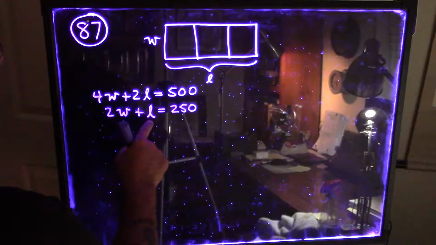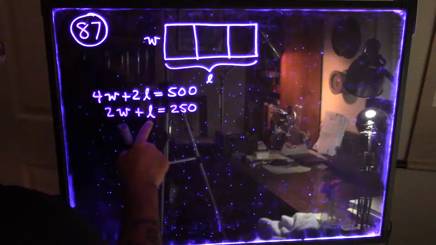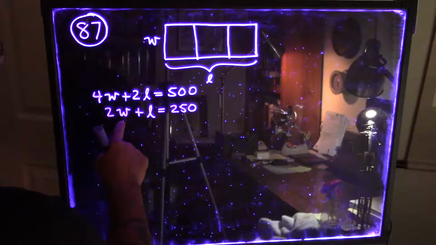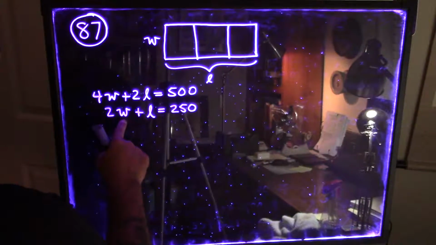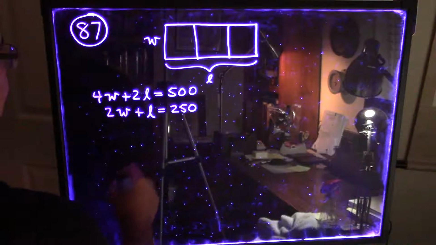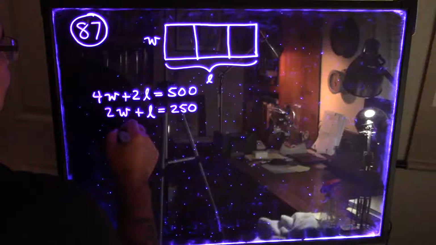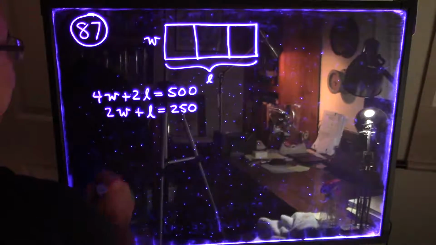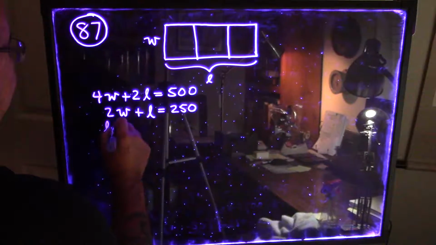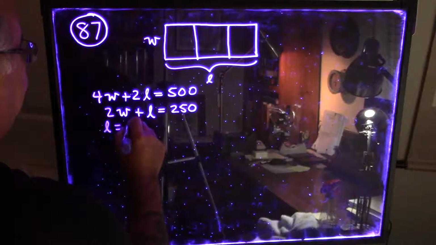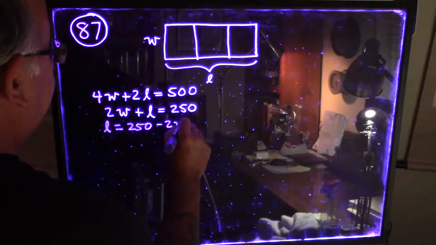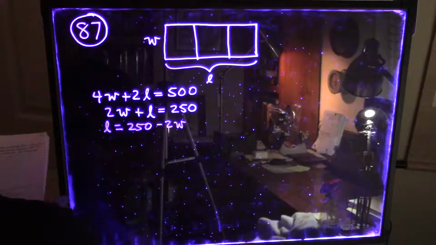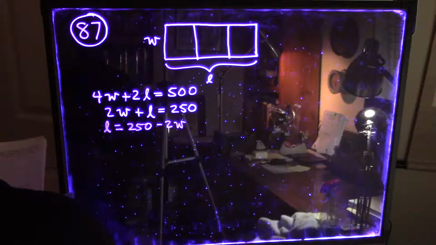In this case, it's easier to solve for L. Write it in terms of W instead of the other way around, because you'd write 2W equals 250 minus L, and then you have to divide both sides by 2 to get W equals so and so, right? So on and so forth. So it's easier to isolate the L here. So you got L is 250 minus 2W. Okay, so we've written L in terms of W.